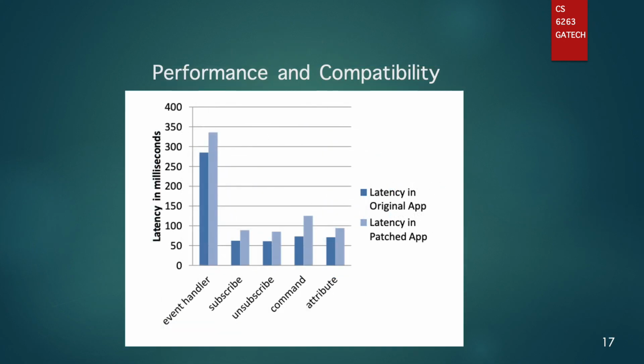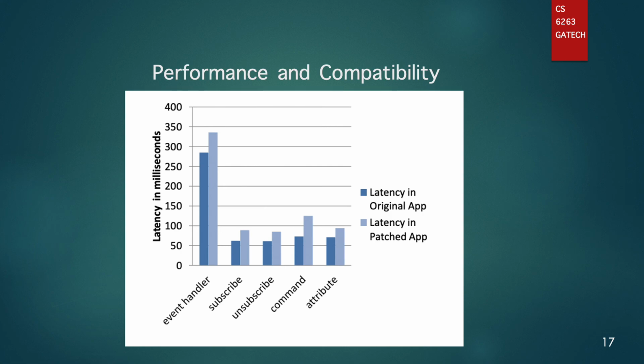Now, let's look at the performance and compatibility. As you can see on the chart, they plotted the average delay of various functions in the SmartThings platform. The darker bar in each pair represents the delay in the unmodified platform with virtual devices, while the lighter one represents the delay in the customized platform with the additional overhead introduced by SmartAuth.